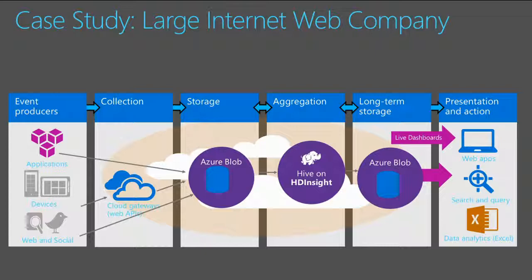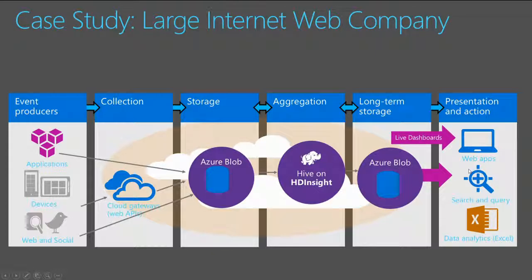Their scenario is they had a bunch of clients uploading data to Azure Blob Storage. And then they would use Hadoop, HDInsight, to read data from Azure Blob Storage, do a bunch of machine learning on it, and put it back on Azure Blob Storage, where it would then be used in Power BI or web apps or what have you, right? So that was their scenario.